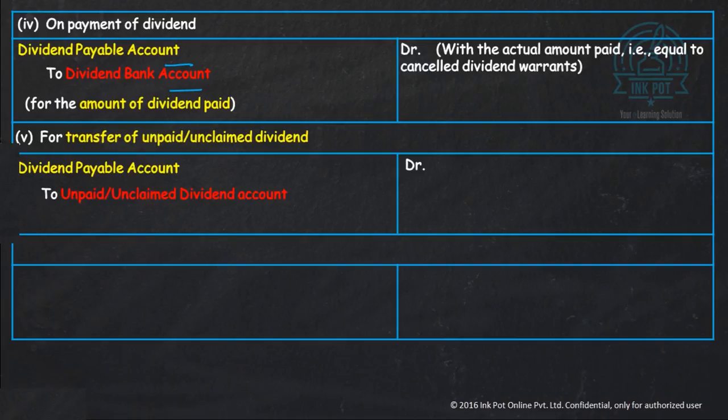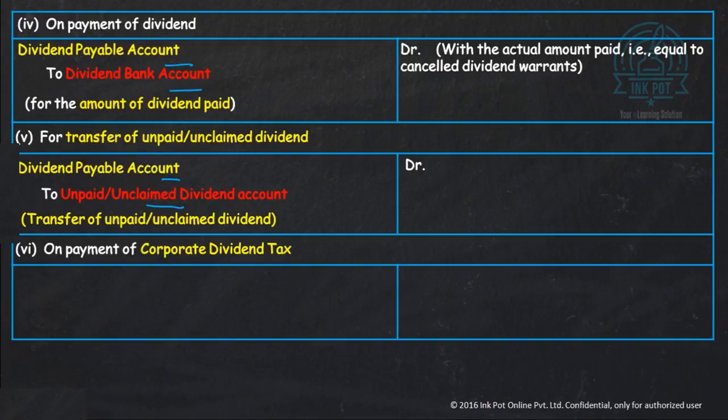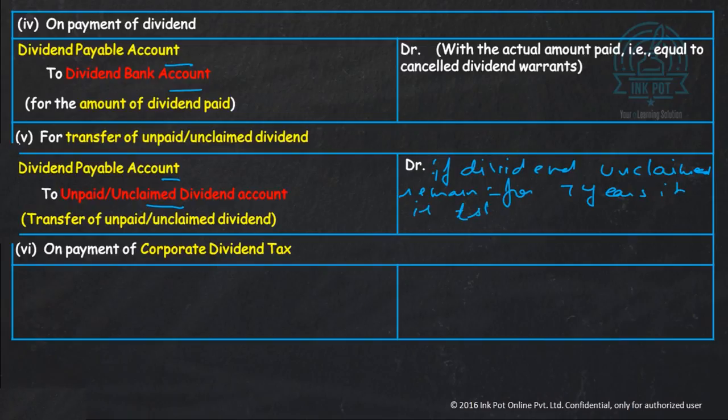If the dividend remains unclaimed for 7 years, it is transferred to the Investors Education and Protection Fund.